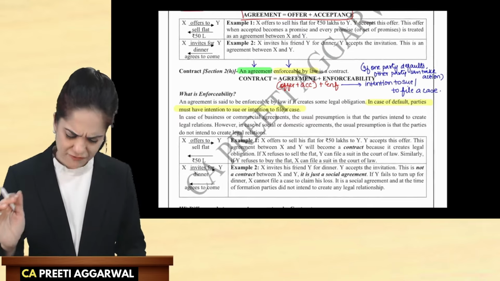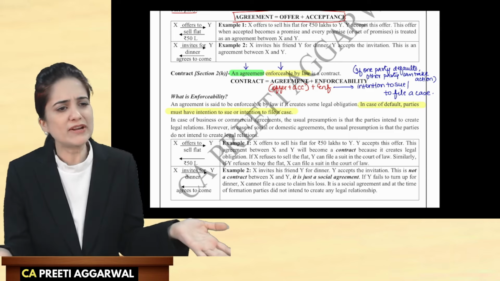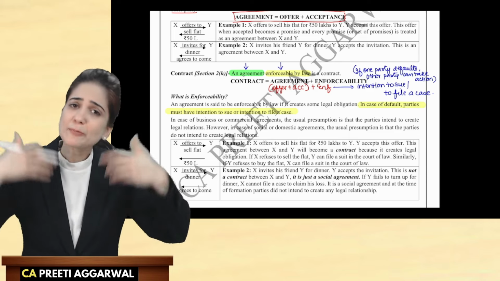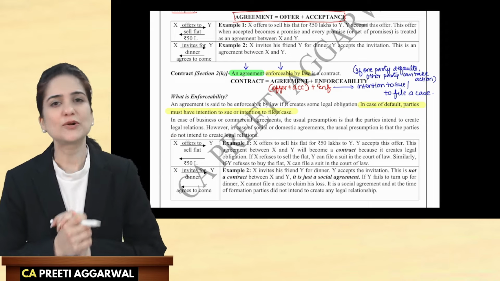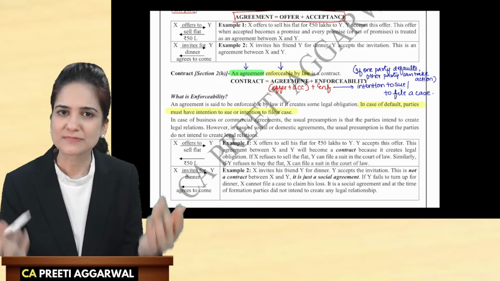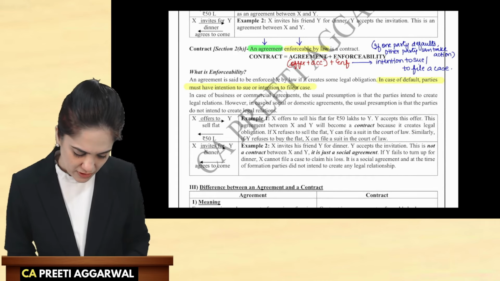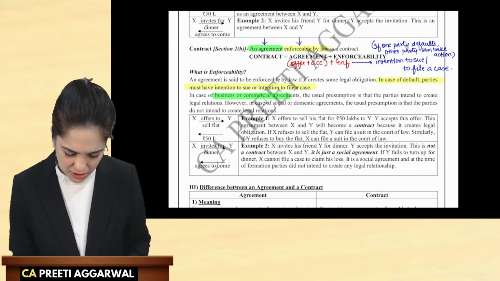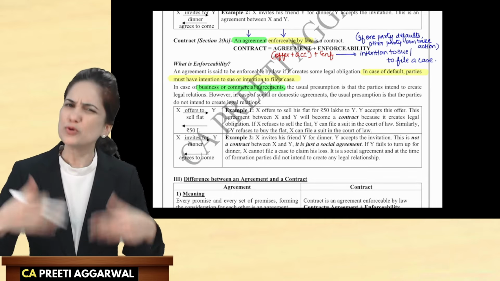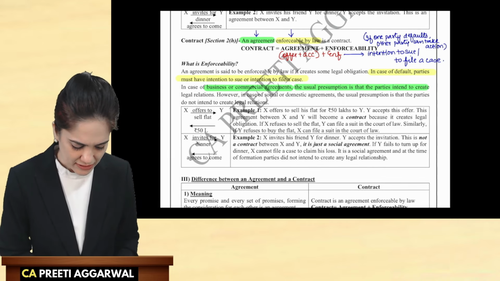In what kind of transactions do we presume that parties have intention to sue? There is a presumption that parties intend to create legal relation, business commercial or social and domestic. In case of business or commercial agreements, the usual presumption is that parties intend to create legal relation.